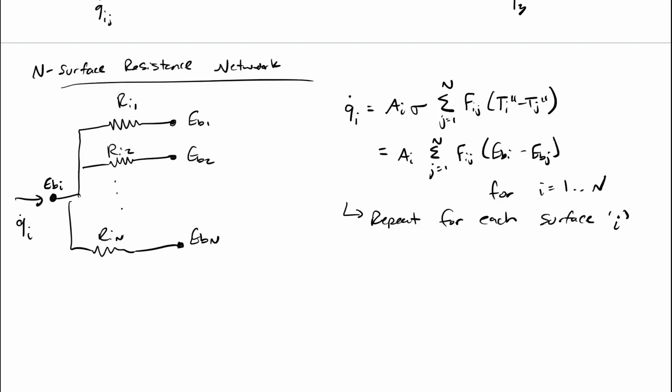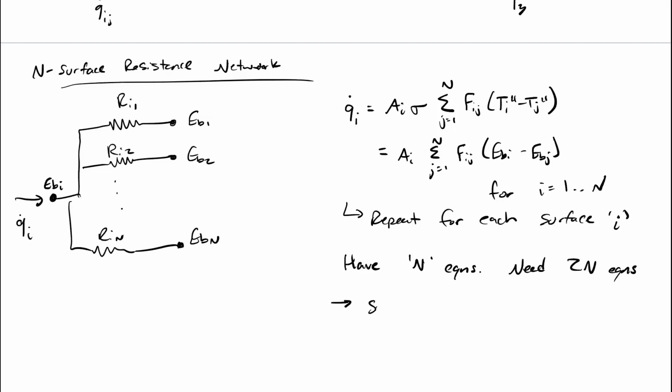So the next thing we need to do is specify for every single node some boundary condition about that node. So we have N equations, but need 2N equations.